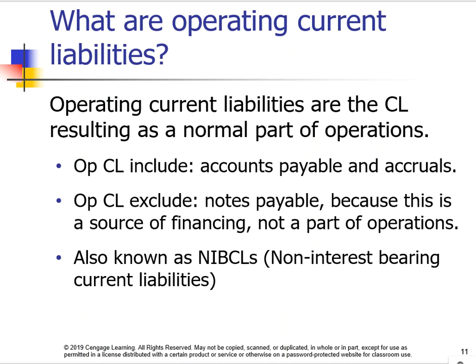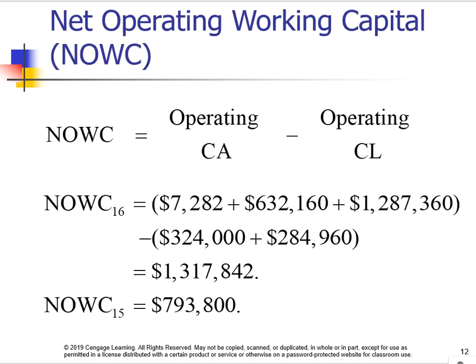The operating current liabilities, I call these NIBICLs, non-interest bearing current liabilities. NIBICLs include typically accounts payable and accruals. What they don't include are notes payable, because those are interest bearing and that's a source of financing and it's not part of operations. So we want to focus on the NIBICLs, non-interest bearing current liabilities.